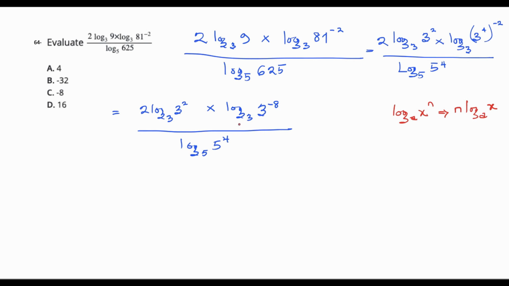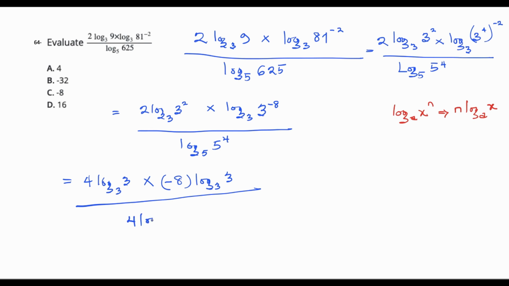So if we use that on this equation, we can bring 2 to the front, and 2 multiplied by 2 becomes 4. 4 log to the base 3 of 3 multiplied by, if we bring minus 8 to the front, minus 8 log to the base 3 of 3, divided by, if we bring 4 to the front, 4 log to the base 5 of 5.